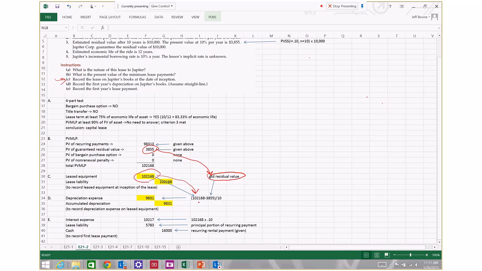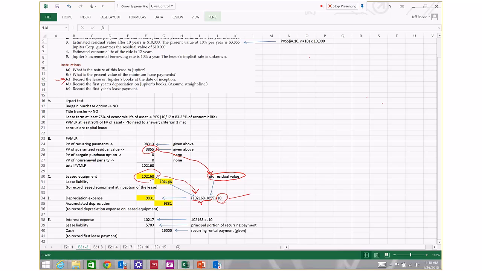That 3855 present value of the guaranteed residual value is being subtracted from the amount at which we book the leased equipment, and that gives us the depreciable base of the asset. Then we're going to take that depreciable base of the asset and divide it by the period of time that we're depreciating the leased asset over.